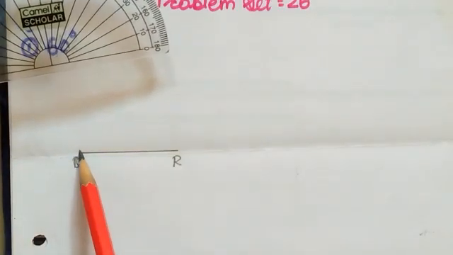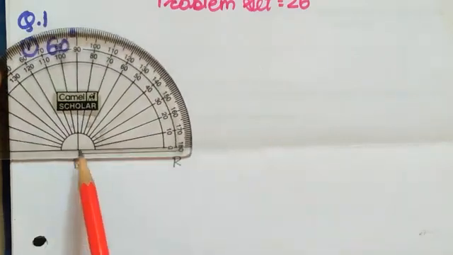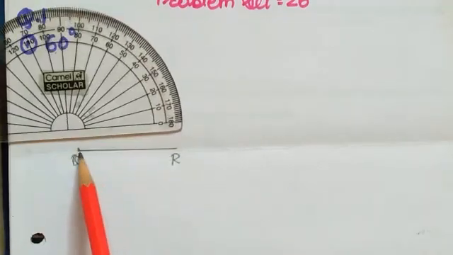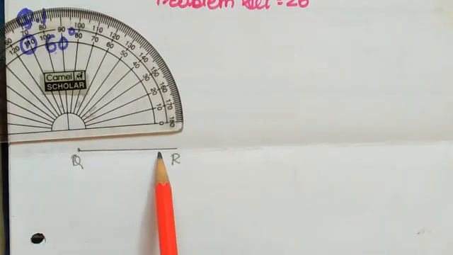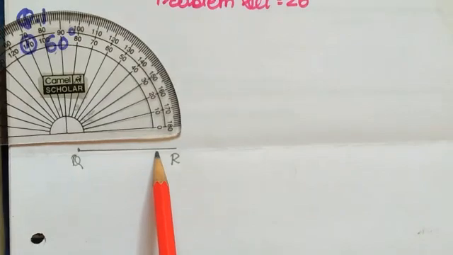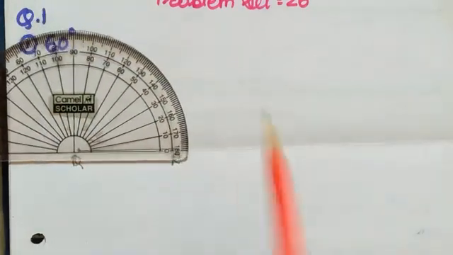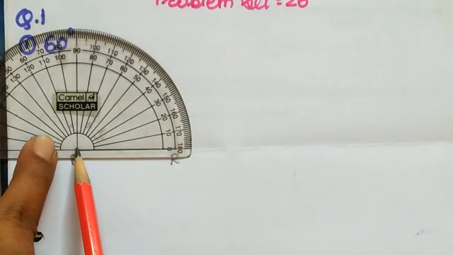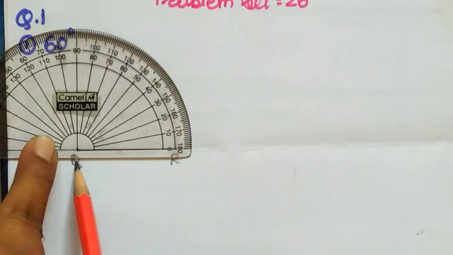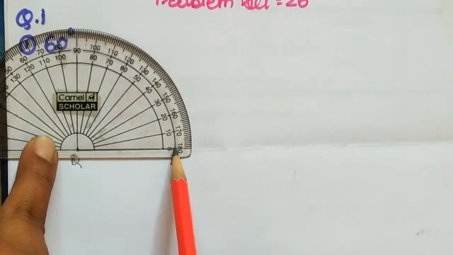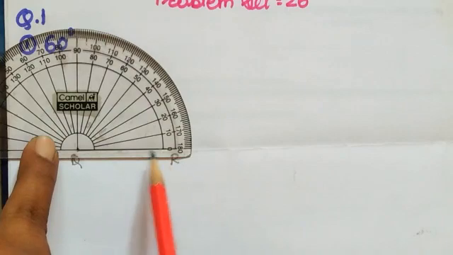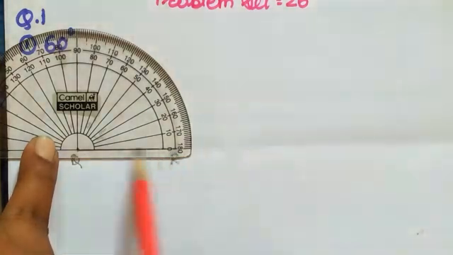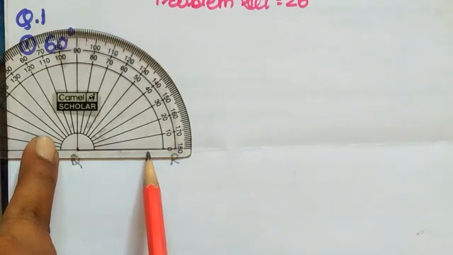So we will place the center of the protractor over the point Q, and the baseline of the protractor should be joined with this arm of the angle. Here this side has the number 0 and is showing the arm of the angle.